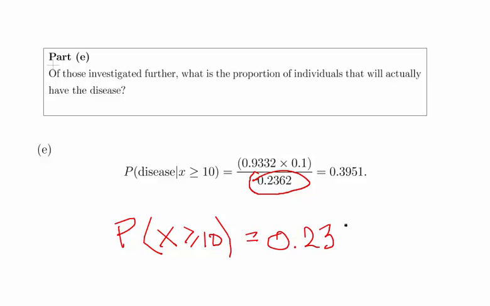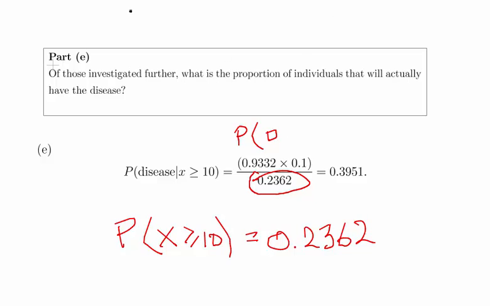Not that they do have it, but that they're investigated for it. X greater than or equal to 10 is 23.62%, which we just found previously. And this is the probability of having the disease, and no, this is the probability of x greater than 10 given that you have the disease.